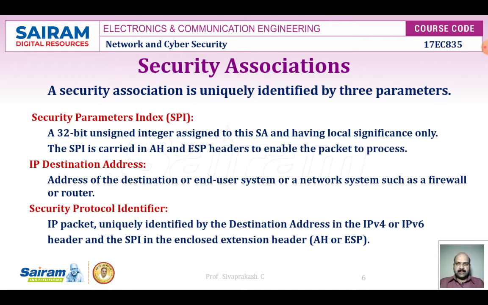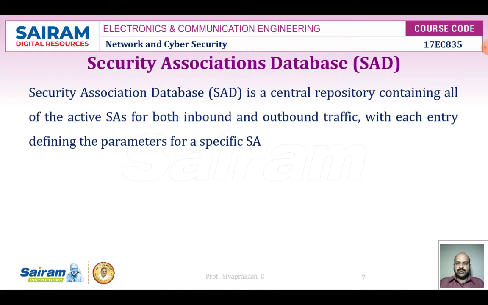Let me discuss the security association database in detail. A security association database is a central repository containing all of the active SAs, security associations, for both inbound and outbound traffic, with each entry defining the parameters for a specified security association.